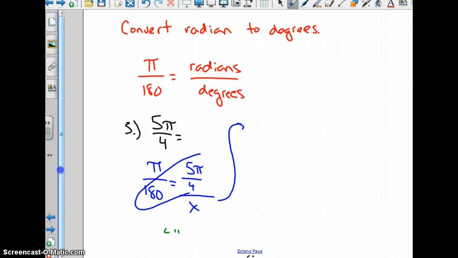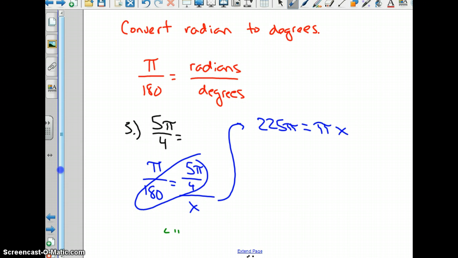So we take 5 pi over 4 and multiply that out. So in your calculator, take 5/4 times 180. So it's 5 over 4 times 180, and you end up with 225. So that is equal to 225 pi. Multiplying the other way, in our degrees here, we have pi x.